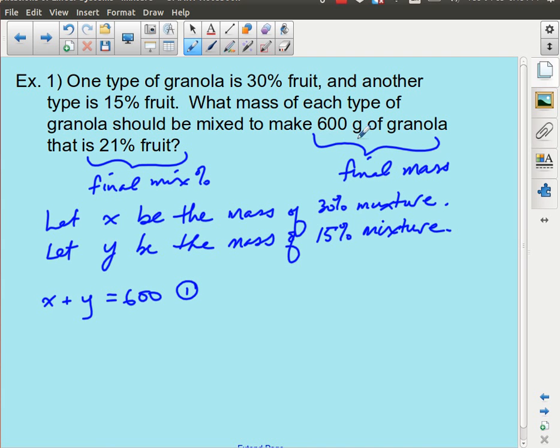Well, if the final mixture has a mass of 600 grams, and 21% of it is fruit, then 0.21 times 600 would be the mass of fruit in the final mixture.